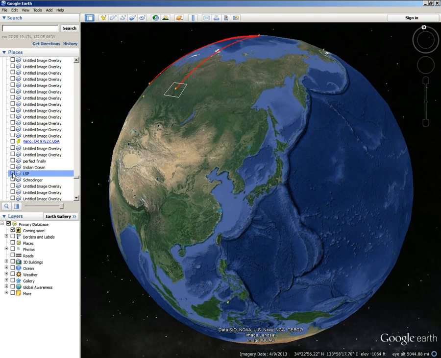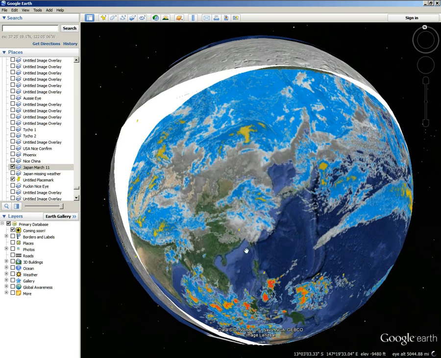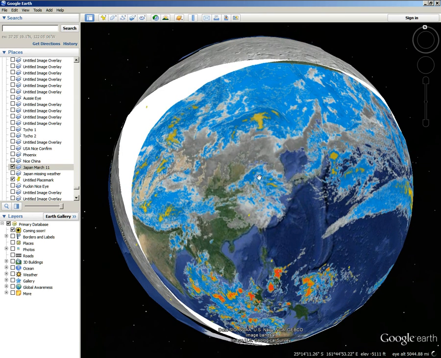When you see that spot over China, see how that spot is right next to Japan?